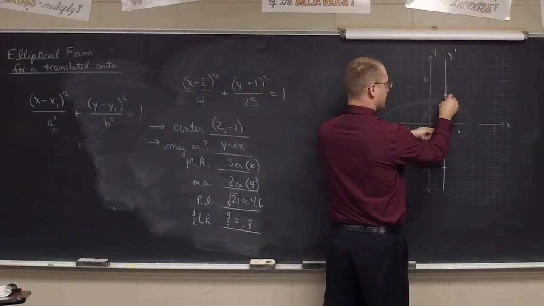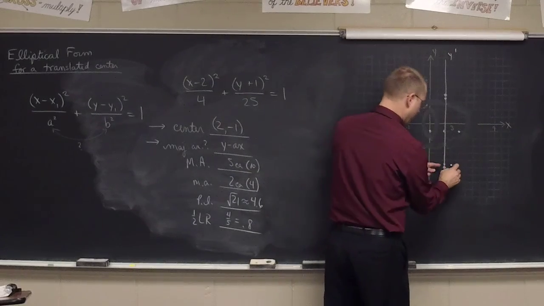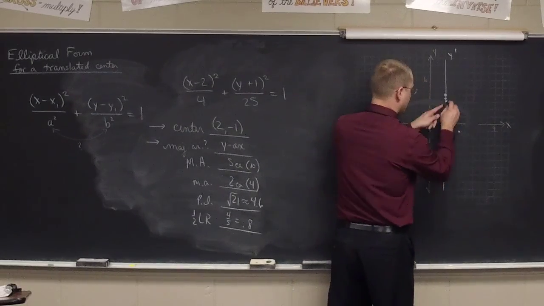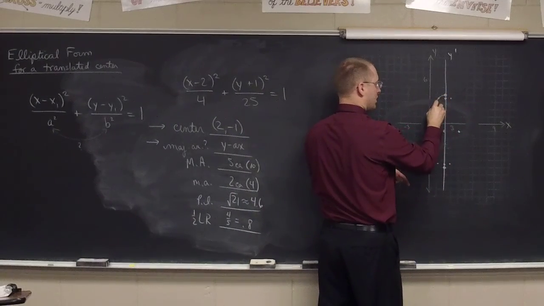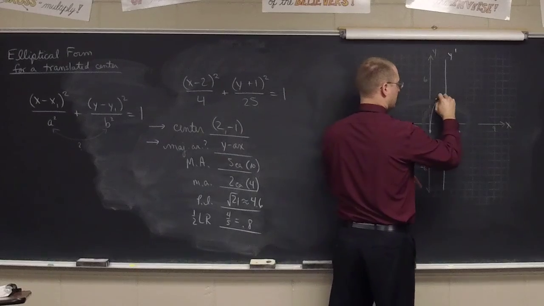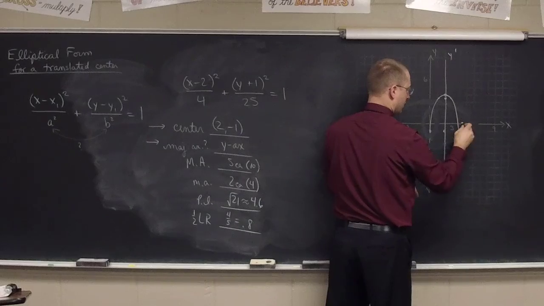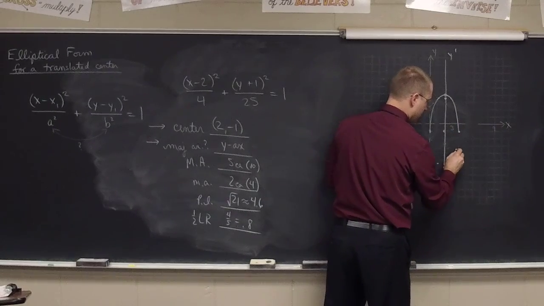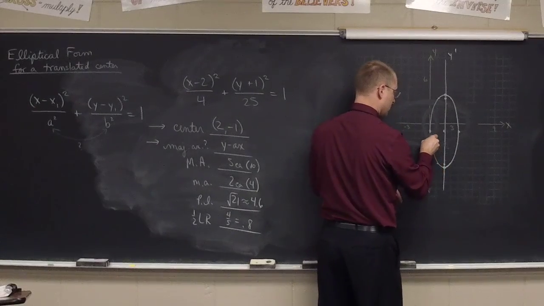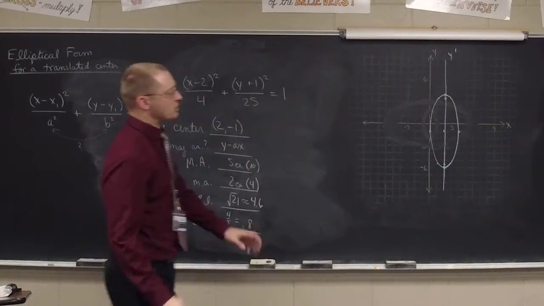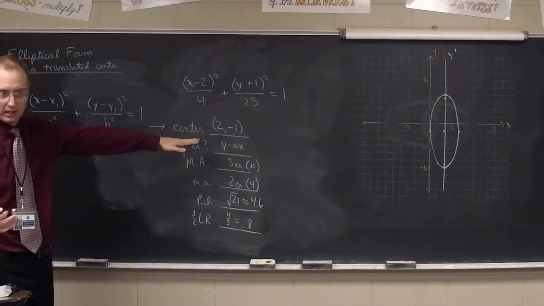So 4.6 and 4.6, and then there we go, out 0.8 in each direction, and get a rather slender ellipse. Like this. But you notice it's just shifted off the origin now. It's been translated to 2, negative 1.